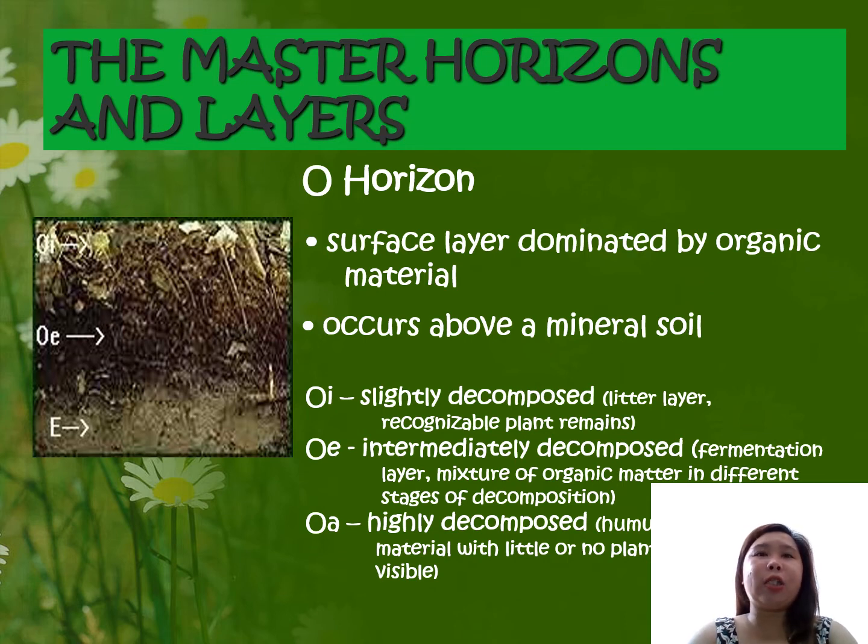This is also called the fermentation layer, in which it is a mixture of organic matter in different stages of decomposition. And for the last one, we have Oa, meaning the organic matter is highly decomposed. This layer can also be called the humus, wherein the plant material is completely or highly decomposed.